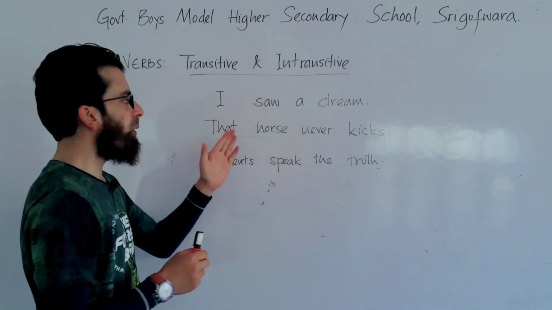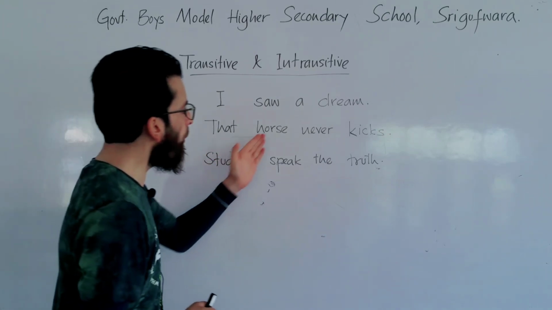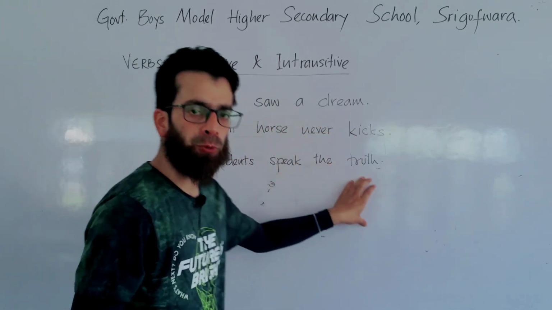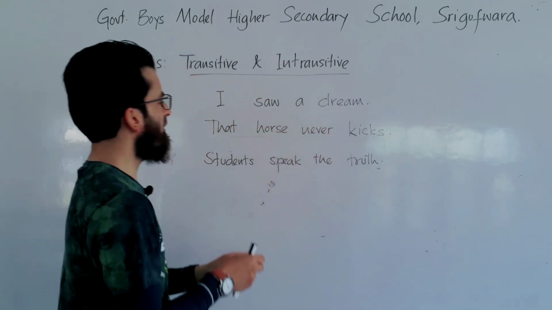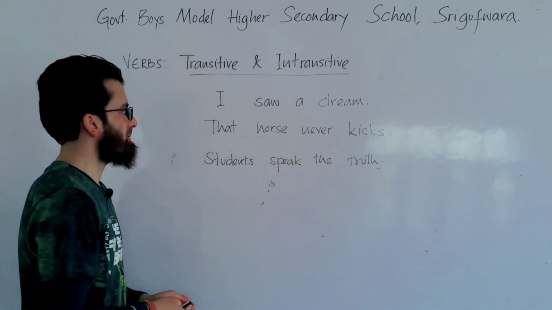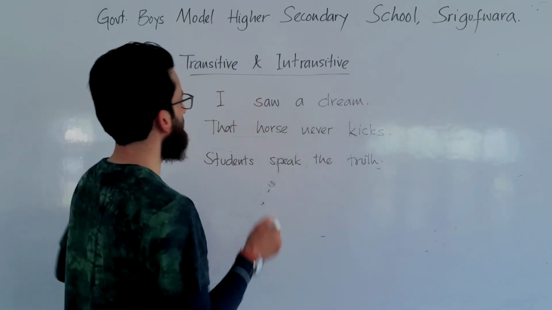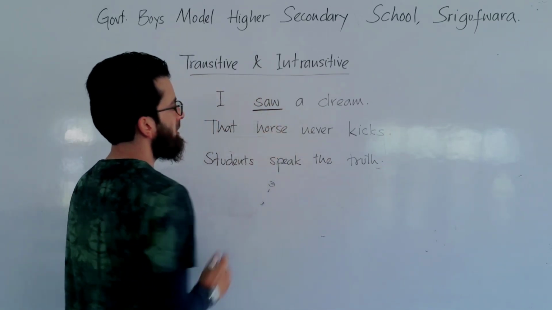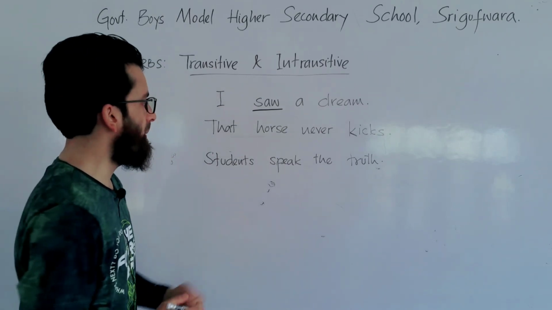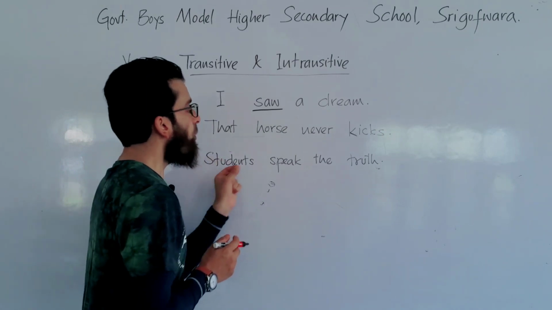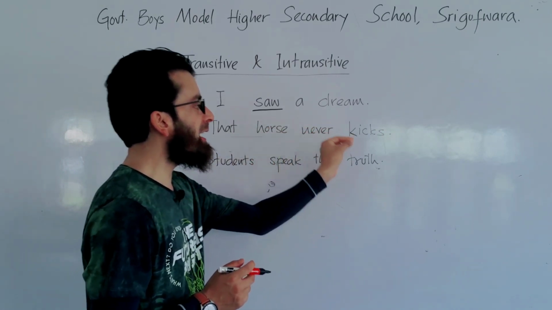First is, I saw a dream. That horse never kicks. Students speak the truth. Okay, these are three simple sentences. First, I saw a dream, and here we have saw as a verb, as the main verb of the sentence. In sentence 2, that horse never kicks.